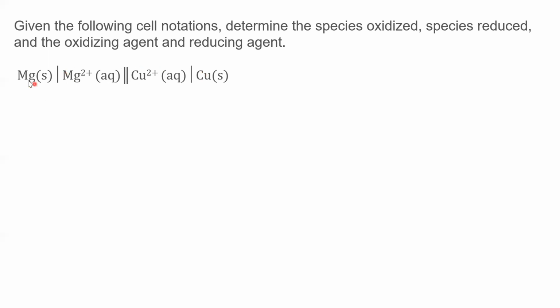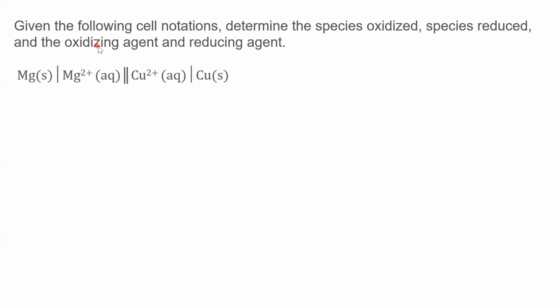Is magnesium being oxidized or reduced, since its number is going up? Being oxidized, right? Copper is going from a +2 to a 0. The number's going down, which means it's being reduced. So magnesium is being oxidized because it's losing electrons, and copper is being reduced because it's gaining electrons.